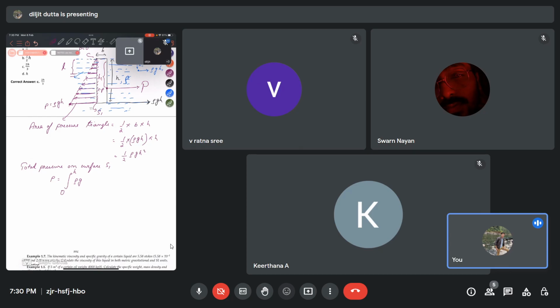Pressure at the depth L from the surface, and we take a small element of length dl. So if we integrate the pressure in the small dl elements from height 0 to height h, we will get the total pressure acting on the surface, right? So rho g L dl.